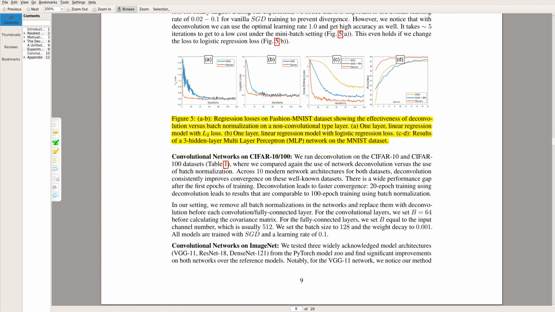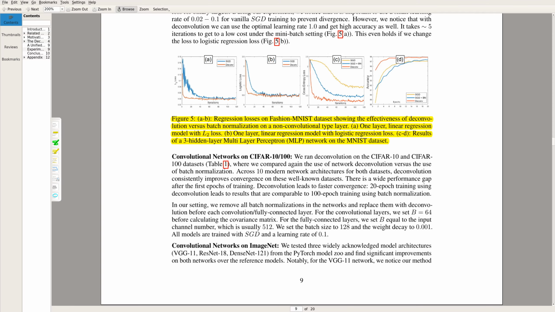They have these nice graphs where they show the faster convergence on Fashion-MNIST compared to batch norm. So they have one model where initially they do batch norm, and then another network where in each layer they do their decorrelation.